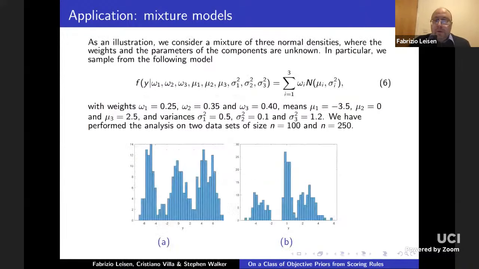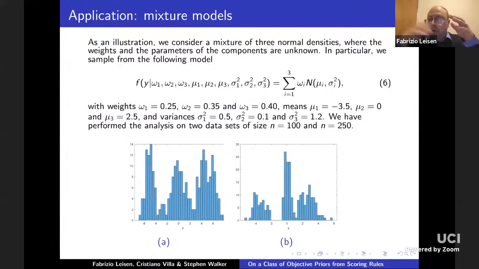And if we look at the simple example of a mixture model with 3 components, here we selected the weights as 0.25, 0.35, and 0.40.